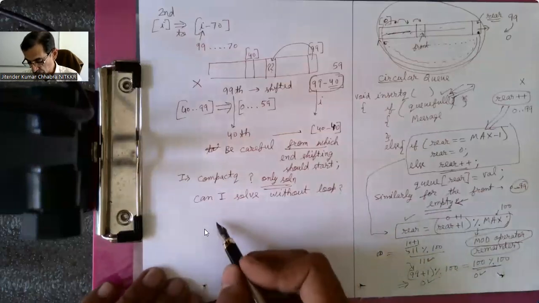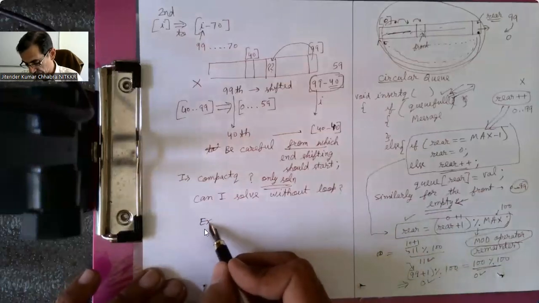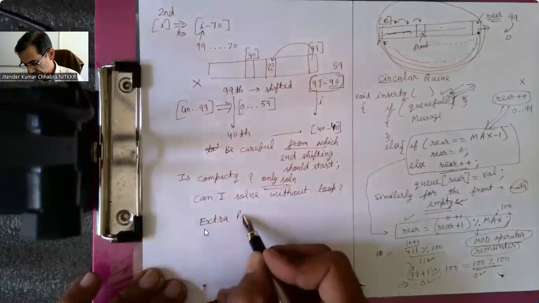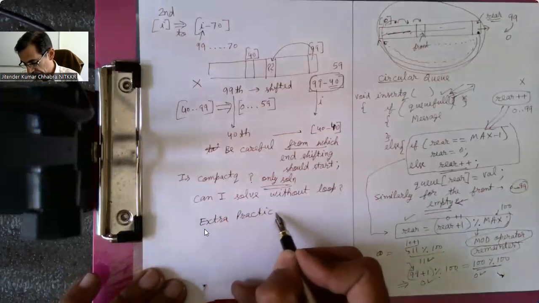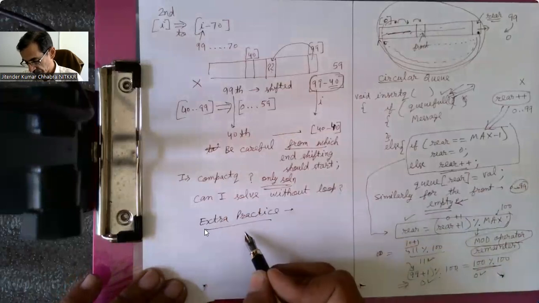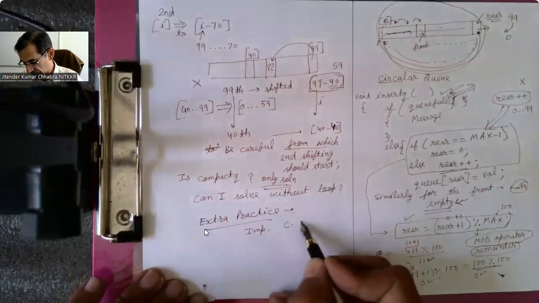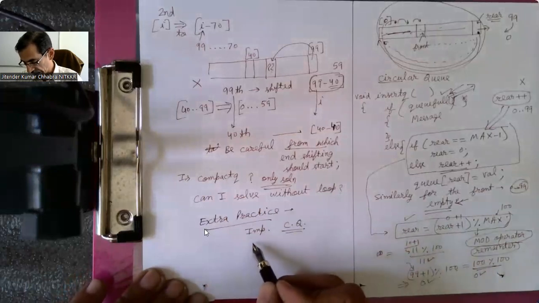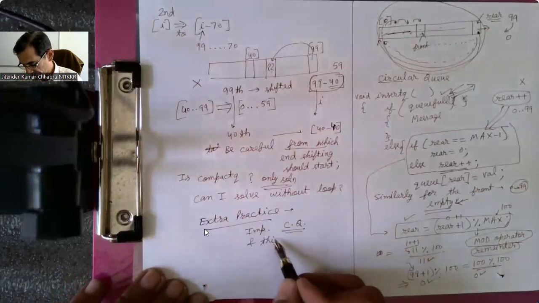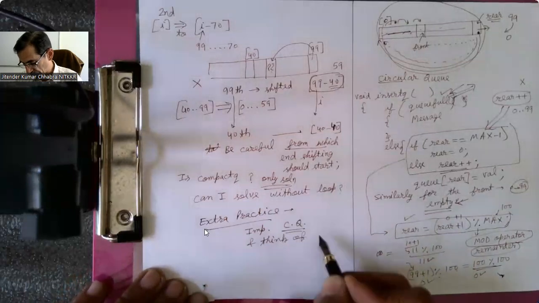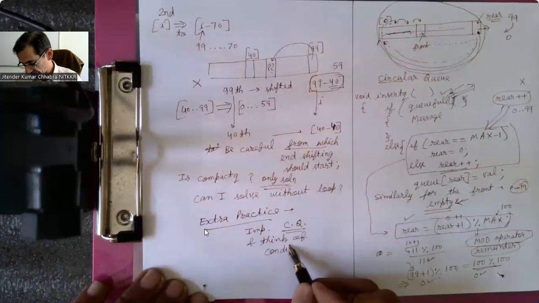So I will leave it to you as an extra practice problem, that implement Q as a circular Q, optional work, implement circular Q the way we have done other Q, and think of a condition for fullness.